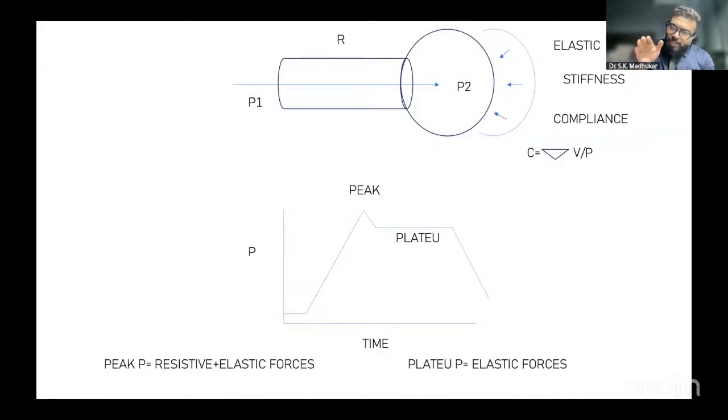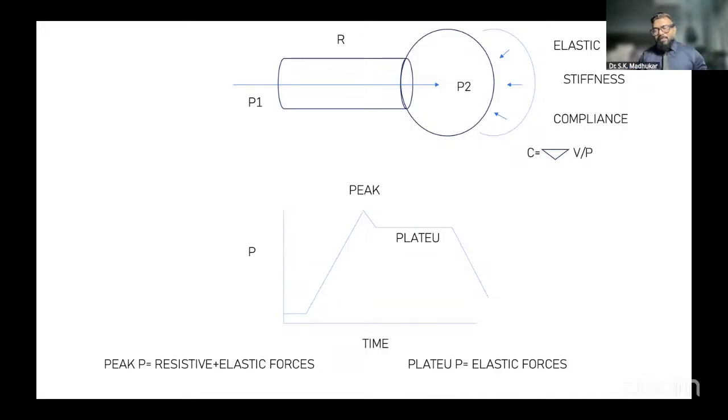And at the end of inspiration, when there is no flow, the pressure becomes a plateau. So the pressure plateaus and air does not flow. And when the expiratory valve opens, expiration begins and the pressure starts falling.